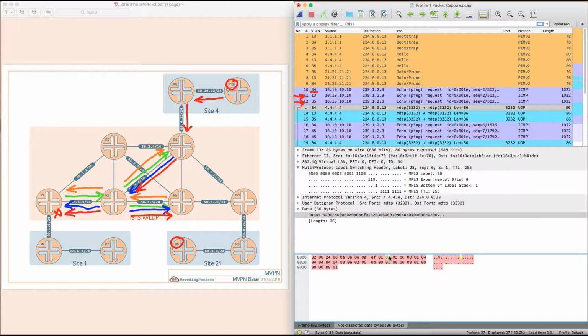So all of the values, the mapping for C-S, C-G, is contained in this packet. The root, which is 4444, is contained in this packet. And then finally, the whole long 14-byte opaque value is also contained in this. So essentially, this packet goes out on the default MDT. This is going on VLAN 34.